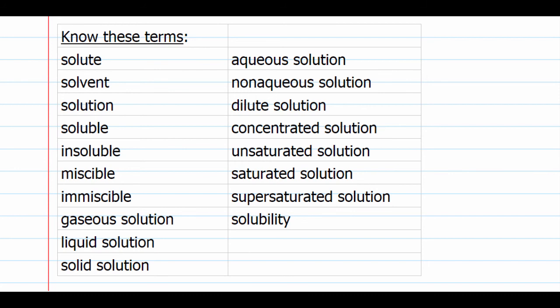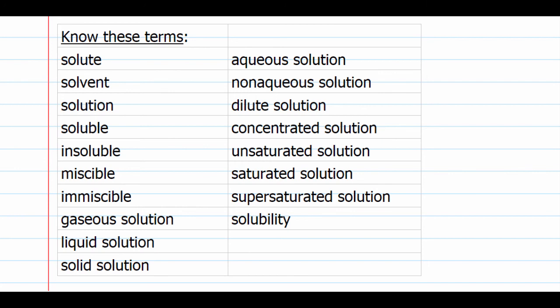And a homogeneous mixture does not mean that we have to have it confined to a liquid state. We could have it in a gaseous state, a liquid state or a solid state. Yes? The air would be a gaseous solution, right? Exactly. So air would be an example of a gaseous solution.